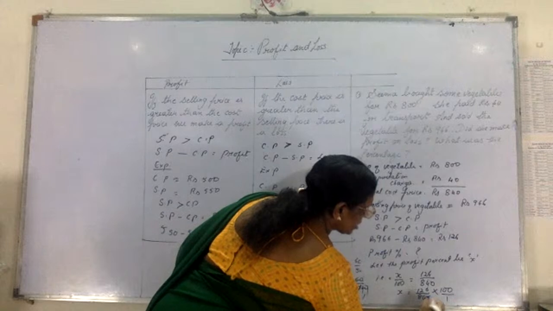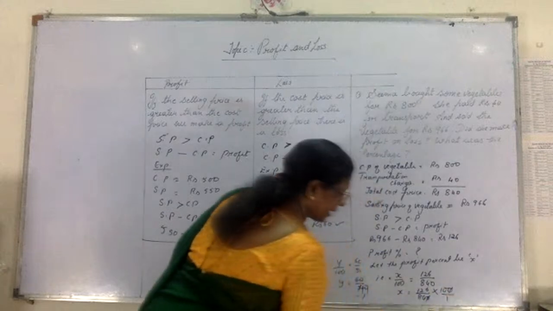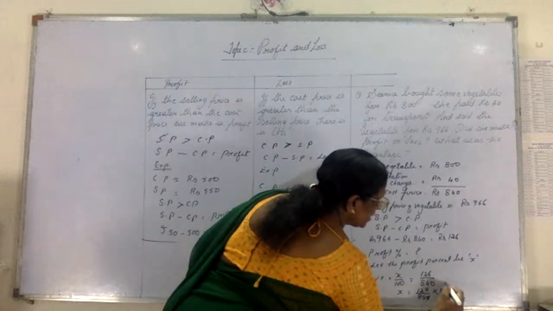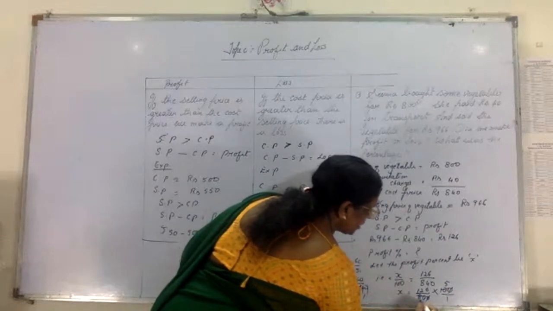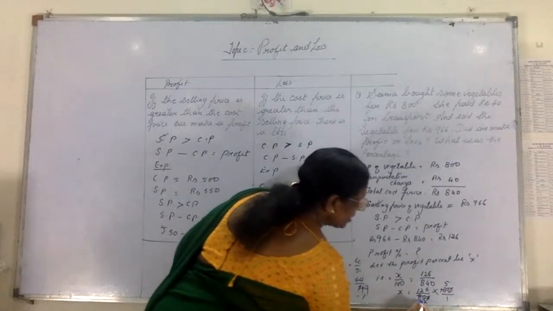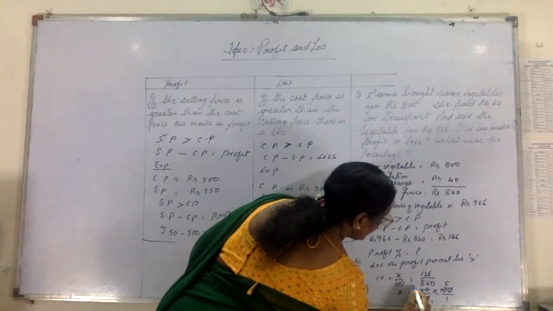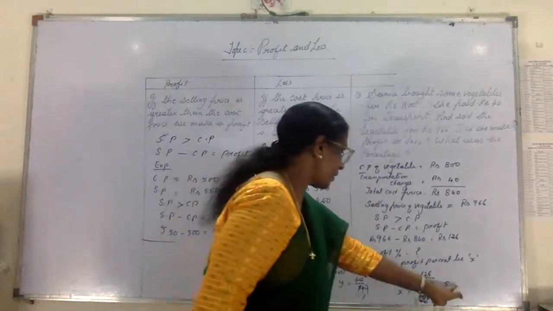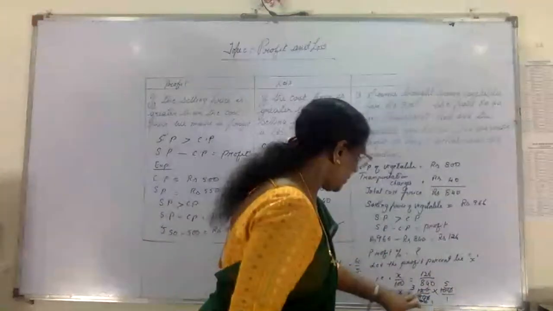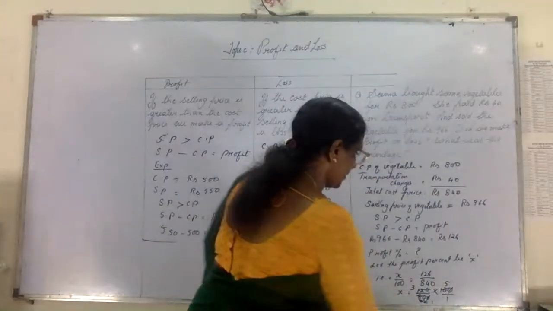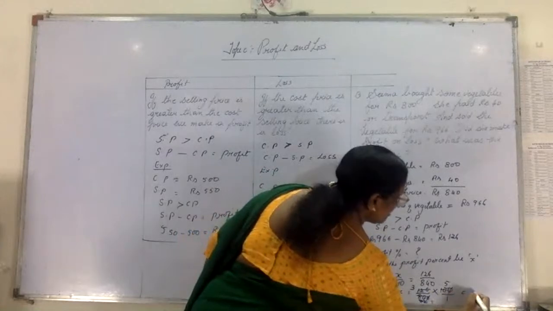So let us do the cancellation. 0, 0 cancel. 2 will go in this 5 times. 2 will go in this 42 times. Now you see 42 will go 1 time. Here it will go 3 times. Don't forget to multiply all the remainders in the numerator. 5 into 3 is 15%.